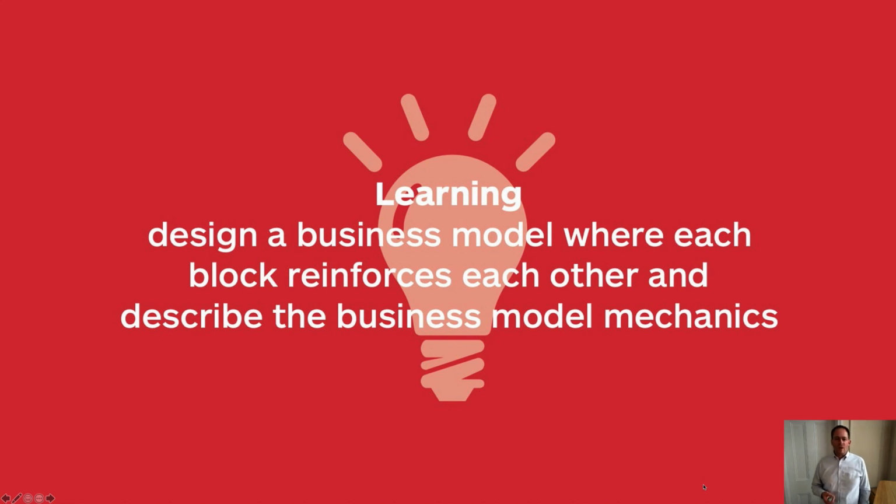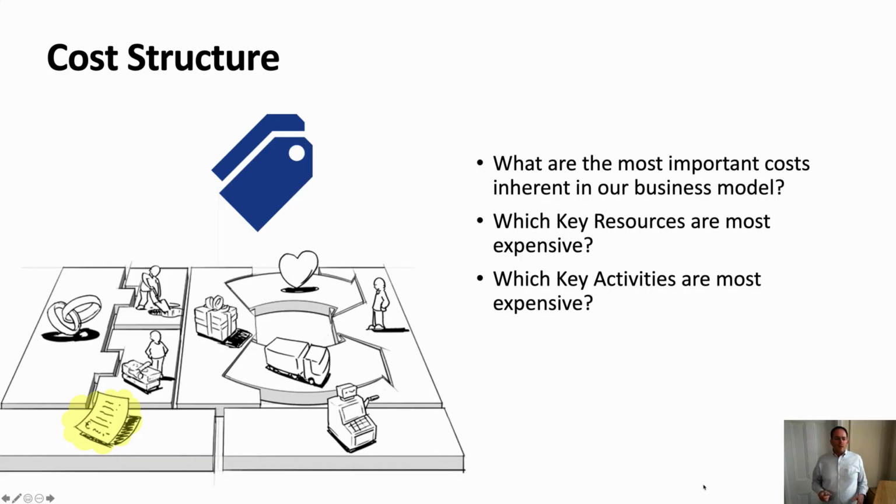Okay, so we've covered all of the 9 elements now. And hopefully you've got a sense of how they fit together. As you stand back from your first stab at this, does it make sense?